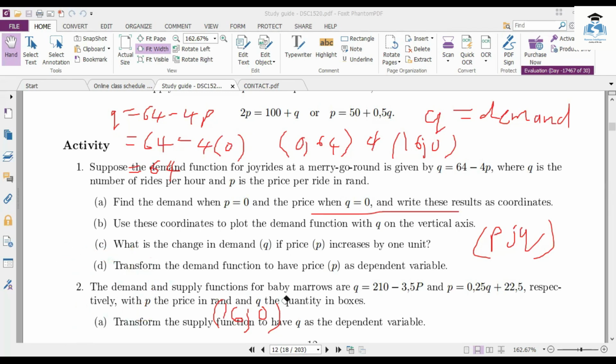So we just get back to what we have discussed before. Just draw your graph like this. This is your P, it ends at 16, and this is your Q, which ends at 64.